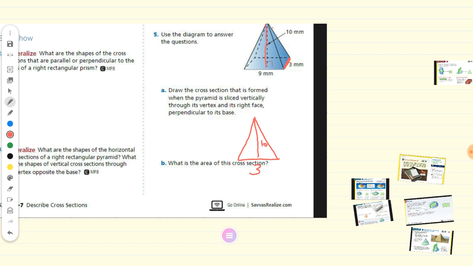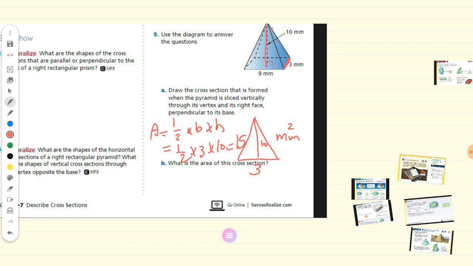So to get the rule, area equals half times base times height, which is half times 3 times 10 equals 15 millimeter square.